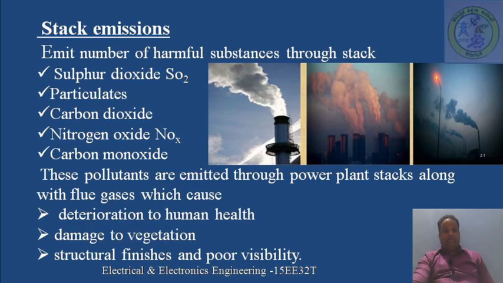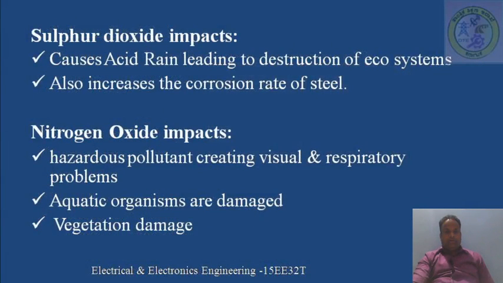These are all called stack emissions, the pollutants which are emitted from the stack of a power plant. Next, I will move on to some impacts of various harmful substances. So far we have studied that the stack of the power plant will emit harmful substances due to the burning of coal in a boiler.